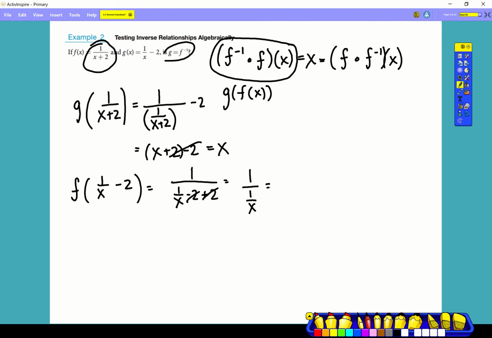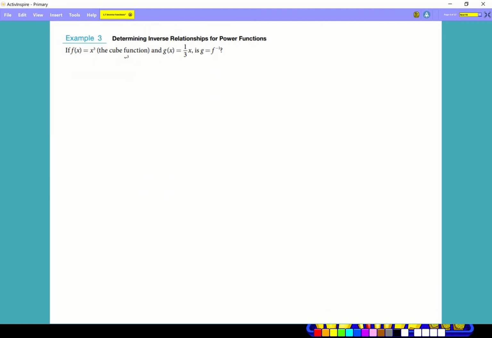And once again, we have a fraction as a denominator, so we flip it. So it looks like they're both equal to x, so they are inverses. So g is the inverse of f, or f inverse, whichever you want to say.